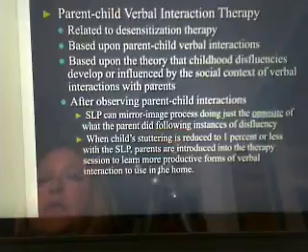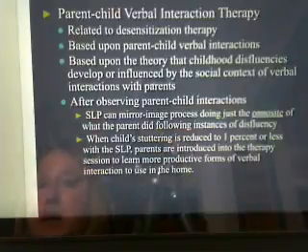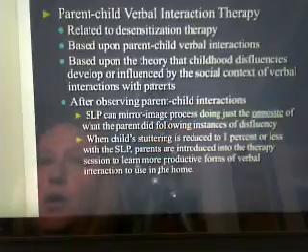And we would model that to the parents. Then the parents are introduced into the therapy session to learn more productive forms of verbal interaction, again, to use at home.